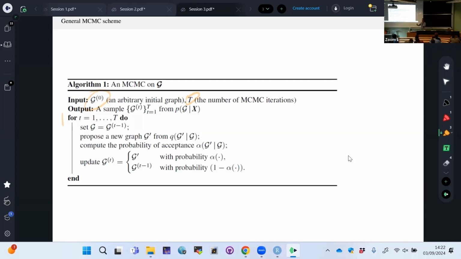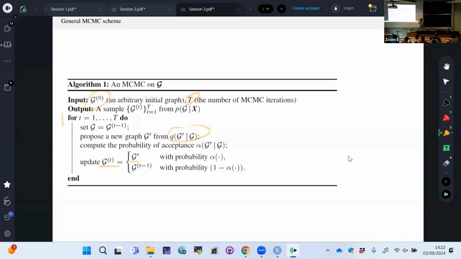We need first to propose a new graph from our proposal distribution by applying one local move, by insertion or deletion of an undirected edge, if you consider undirected graphs. Then we need to compute the probability of acceptance, alpha, in our Metropolis-Hastings scheme. And then we need to decide whether to update the graph or not. So whether to set G at time T equal to the proposed graph G prime, and this will occur with probability alpha.